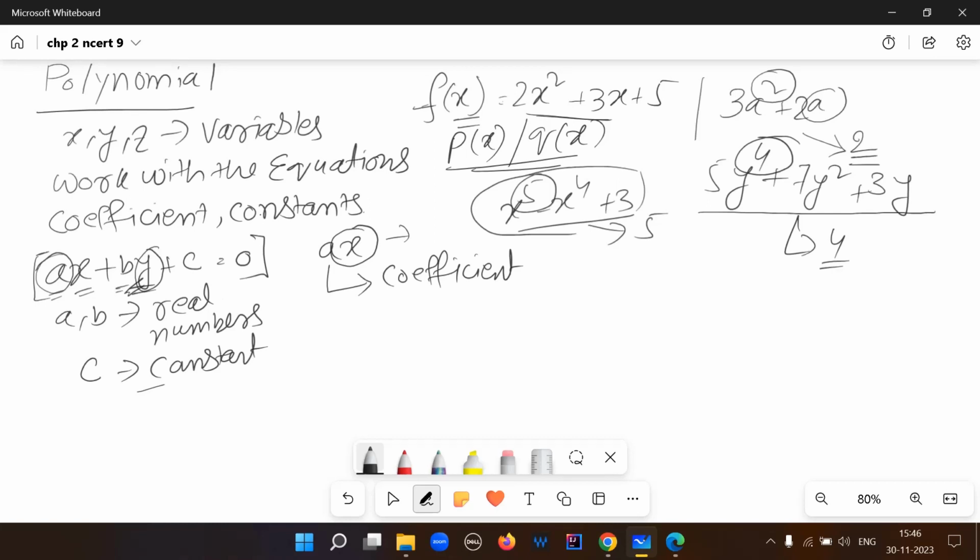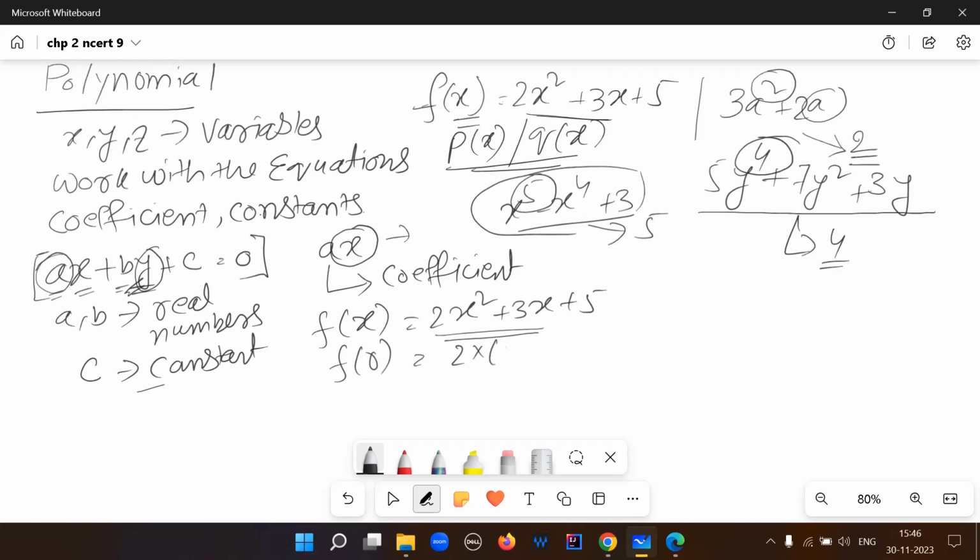Now let's go to the next part. You will get some functional operations that you have to perform. Like, as I said, f(x) equals 2x square plus 3x plus 5. As x varies, the equation's value varies.